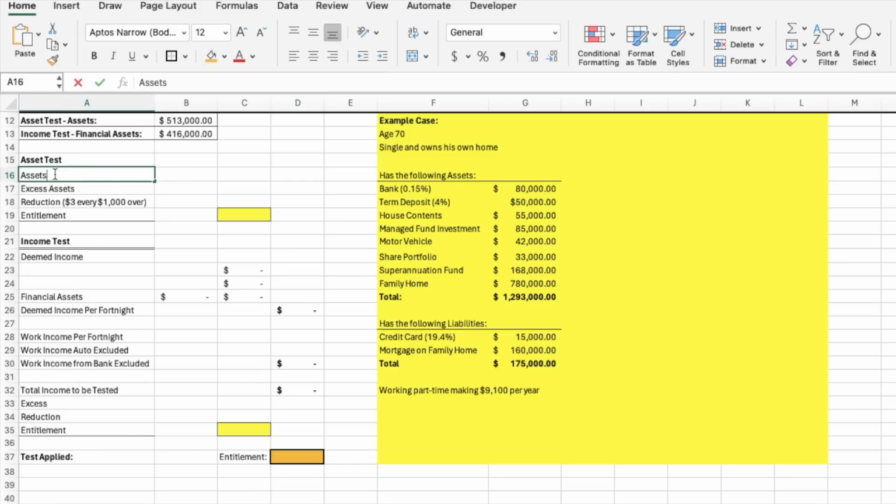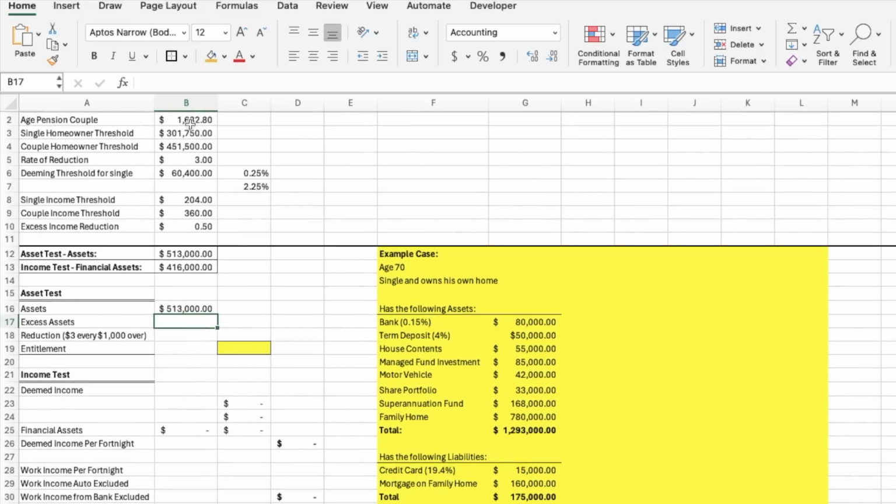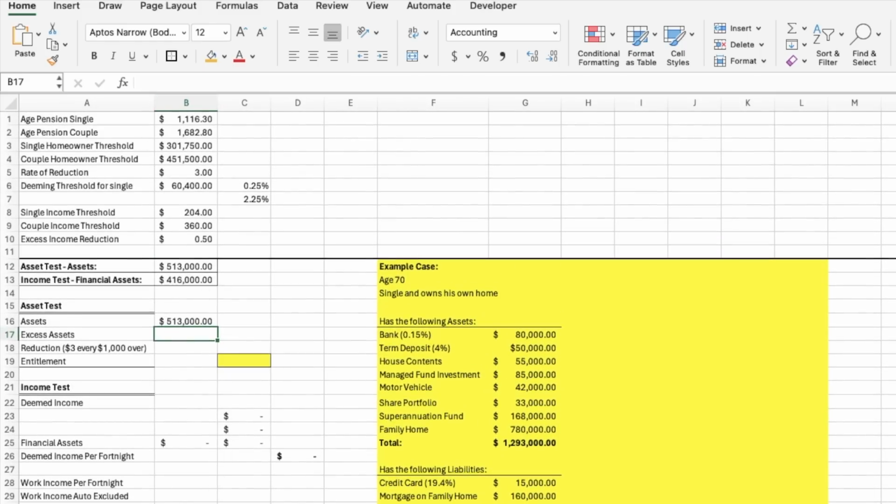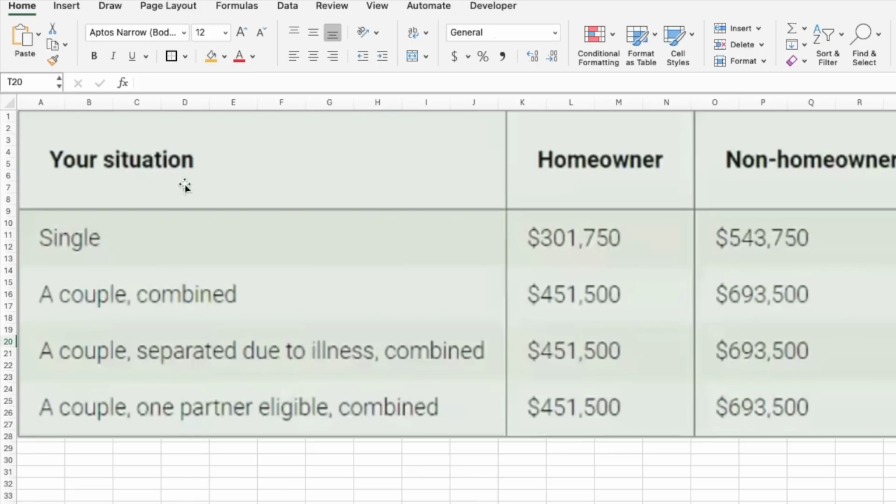So we have our assets, which is $513,000, and I have some key figures up here. To start with, I'll go to the asset test. Now, if you have above these amounts, that is considered excess assets. So this will change depending on whether you're single or a couple, so married, and whether you're a homeowner or a non-homeowner.